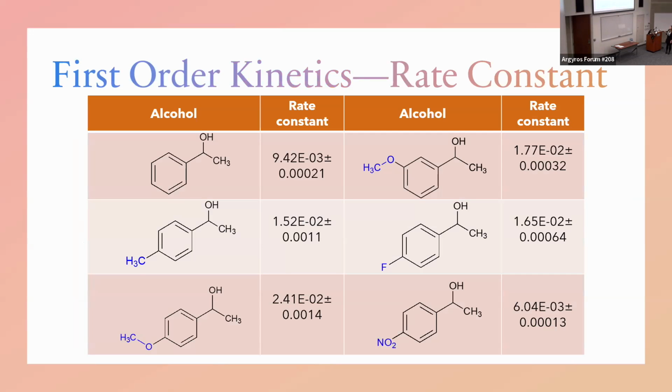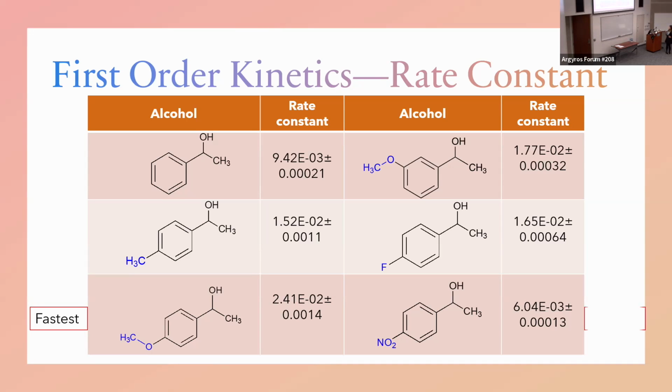Yay. So for each of our alcohols, we ran 3 or more replicates to get a more consistent value. And then here is the chart of all of the rate constants of our experimental alcohols. As we can notice, the para-methoxy one has the largest rate constant, indicating that it is the fastest among all of the alcohols in respect to the mechanism, the rate.